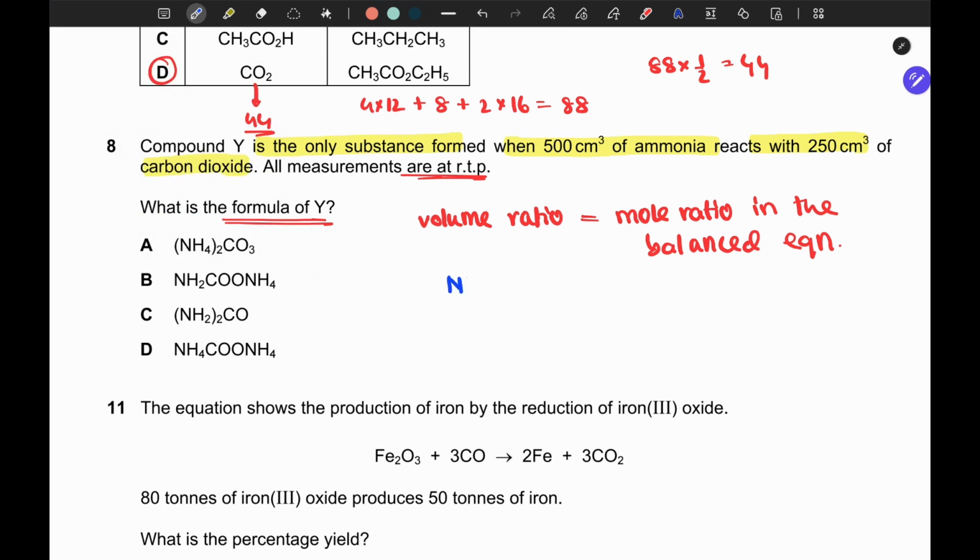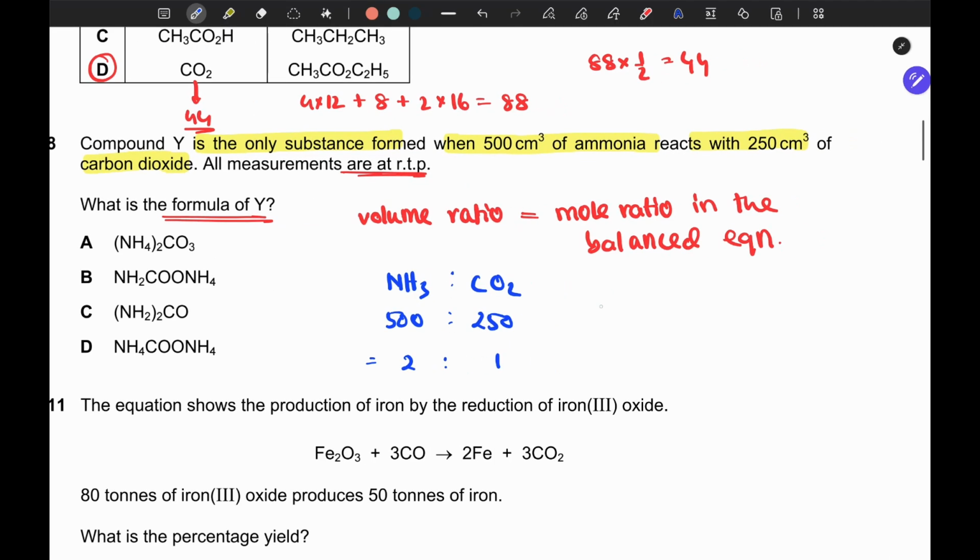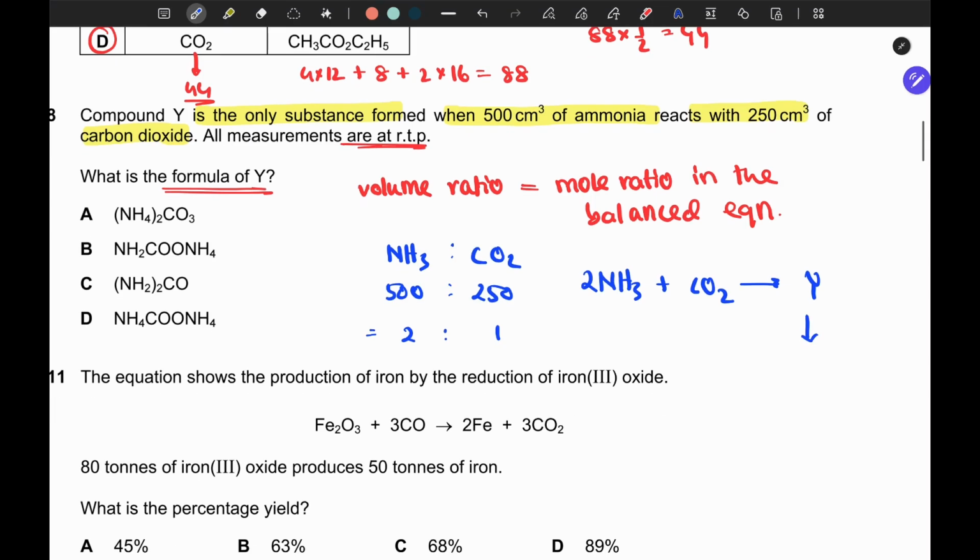So over here, ammonia is reacting with carbon dioxide and we have their volume. For ammonia it's 500, for carbon dioxide it's 250. So if you simplify, the mole ratio is 2:1. So if we form the reactant side of our equation, it's 2NH3 plus CO2 to form an unknown compound Y that we are not sure of. But we can identify what element is present in what amounts.